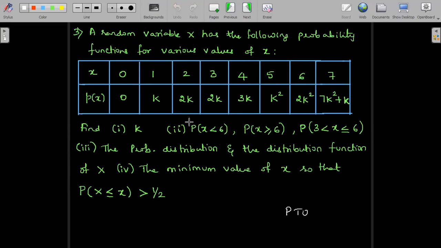Now in the second part, the probability of x less than 6, greater than or equal to 6, and greater than 3 and less than or equal to 6 can be found out now.